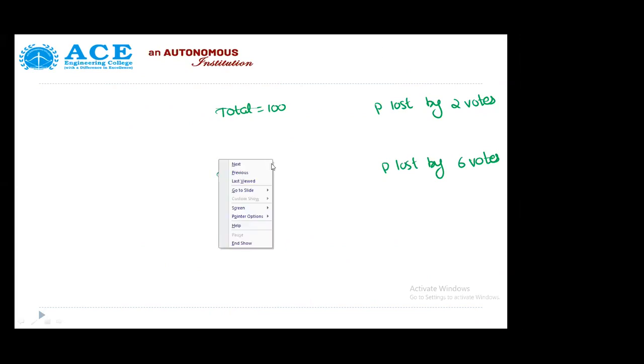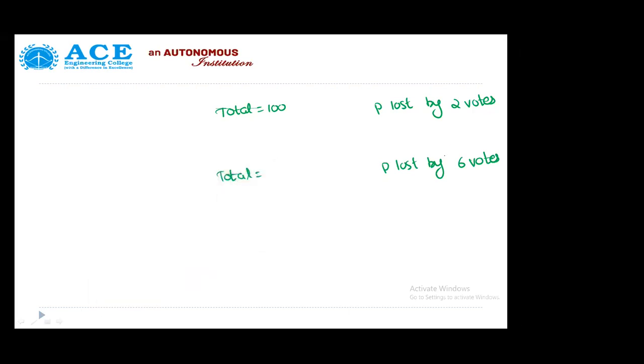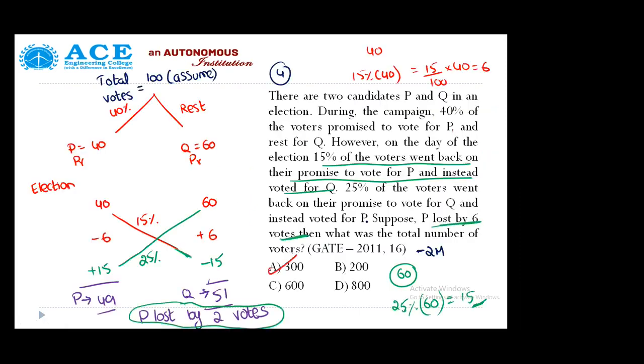How to correct it depends on this relation. This is into 3. As is, we should do it with only multiplication. As this is into 3, here also you have to do into 3. So total votes is actually 300. We have to do into 3. Got it? So the answer is 300, my dear friends.